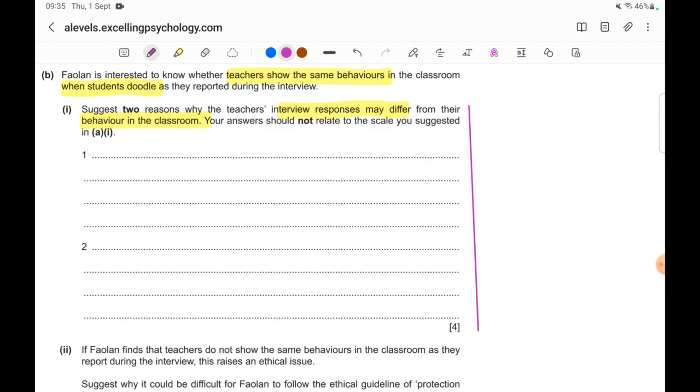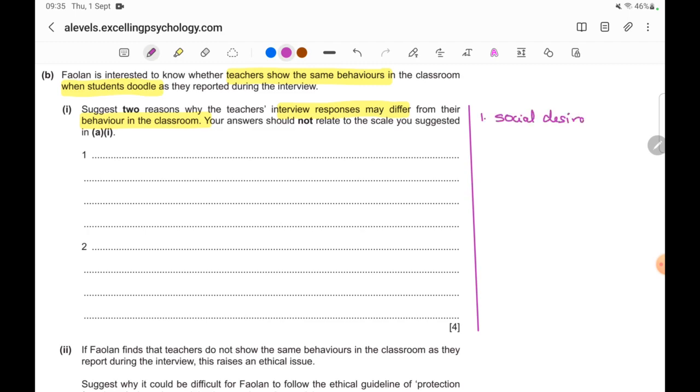Okay, so let's think about it. Let alone teachers, you can think in general, why might a person report something else on an interview and behave something else actually? I know that the first thing that will come to your mind as students is social desirability. Yes, you can discuss that.